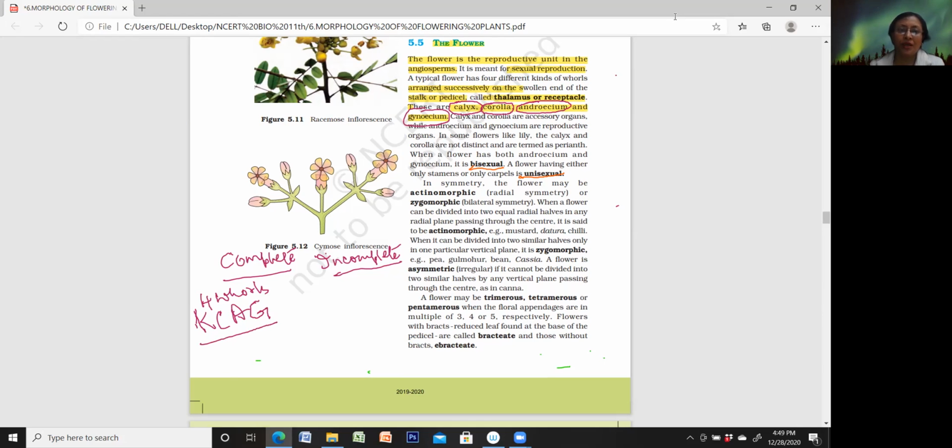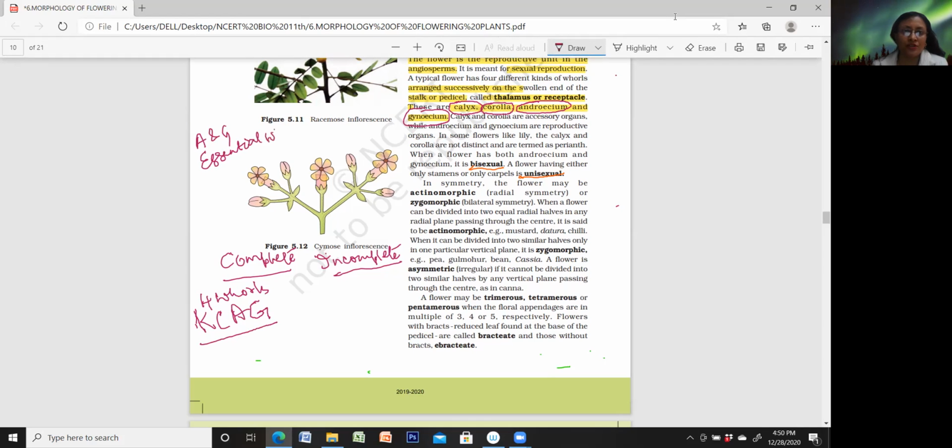Now see, if all four are present, remember A and G are the essential whorls. They are called the flower's essential whorls, whereas K and C are the accessory whorls, because the main function of the accessory whorls is to attract the pollinators.